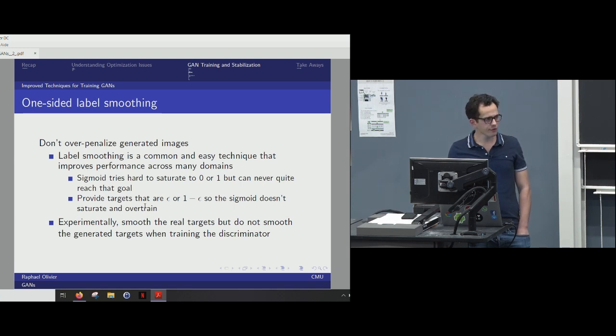Right, label smoothing. I don't know if you may have heard of that before, because it's not at all restricted to GANs. So the idea behind label smoothing, if you're using cross entropy in particular, is you know that cross entropy is the KL divergence between two things, which are the distribution that you're generating, and the target distribution that's deterministic, where it's 1 for the real thing and 0 for the wrong thing.